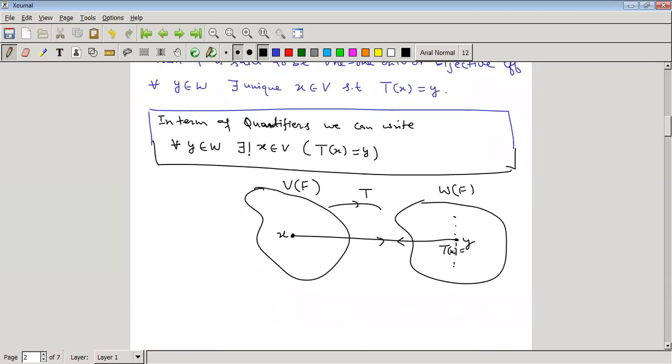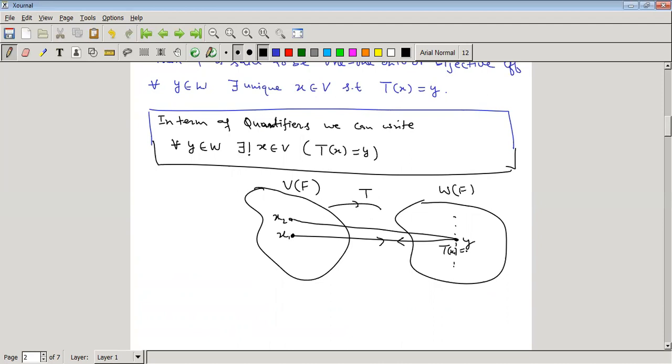you give me any element from W, and this element has a unique x in V, because it is one-one also. If there is another x, let this be x1 and this be x2, then T of x2 equal to y and T of x1 equal to y. x1 and x2 are different but their images are the same, then it is not one-one.